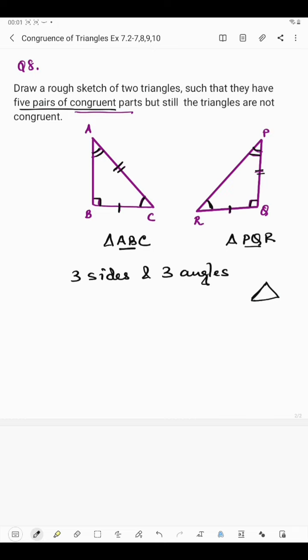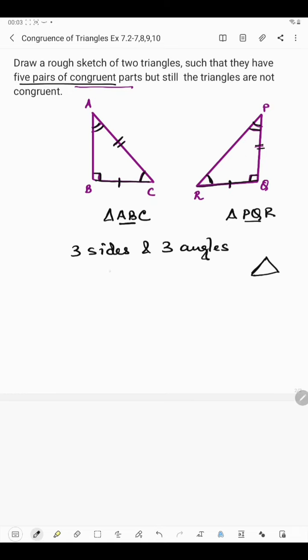If the sides and angles are same, then only it overlaps and we can say that triangles are congruent, right? In this triangle, if you check, BC side is equal to QR side. But here we have seen that AB side is not equal to PQ side. This is AB and this is PQ, and these two are not equal.